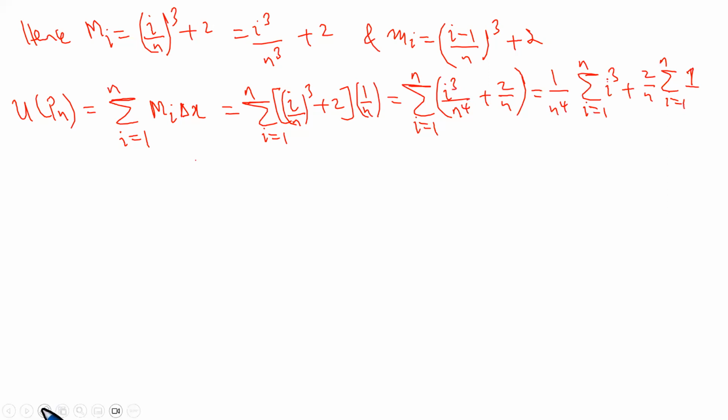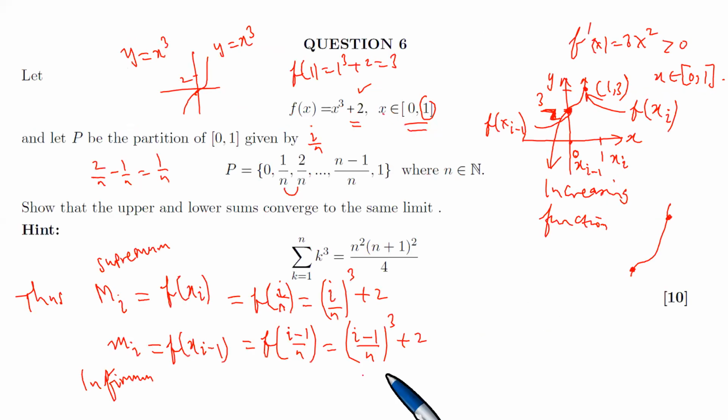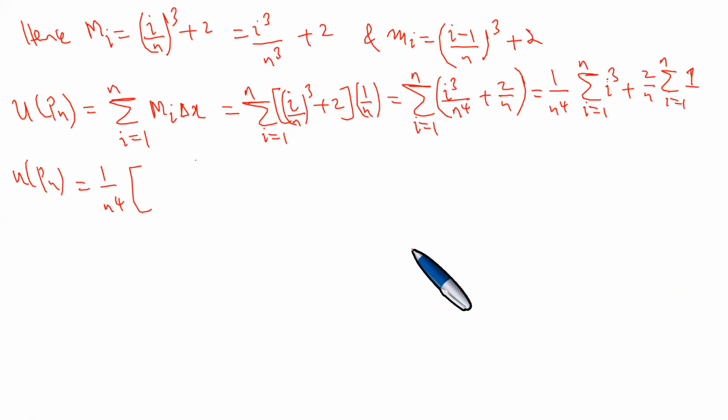Let's finish this one off. So U_P_N is 1 over n to the fourth power times the sum of i cubed. What is the sum of i cubed? The sum of the cubes is n squared times (n plus 1) squared over 4.